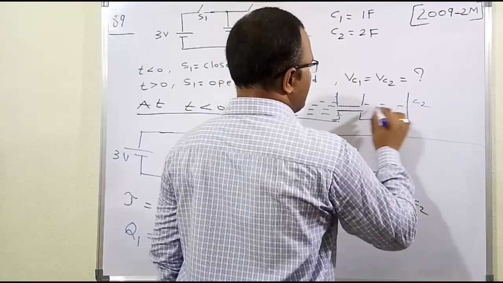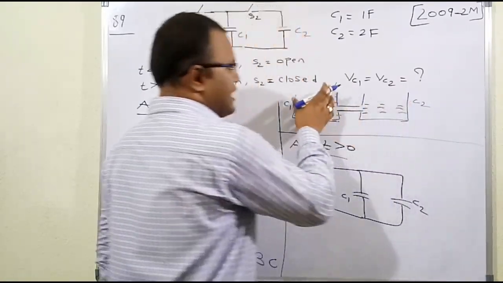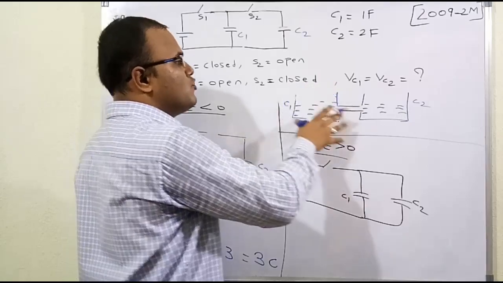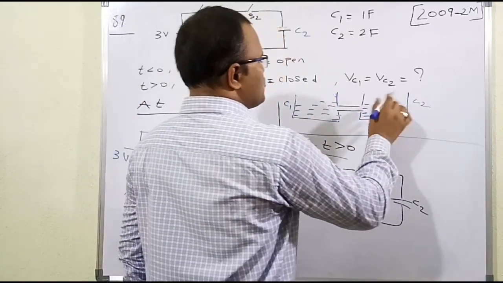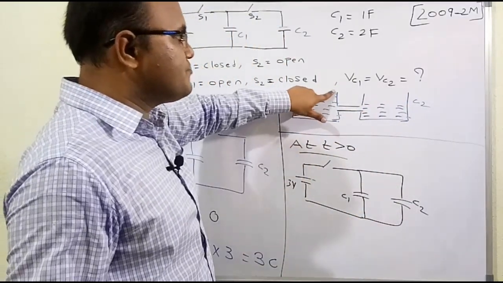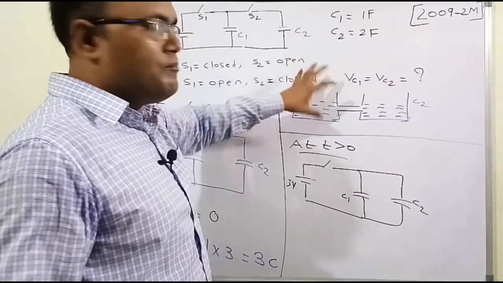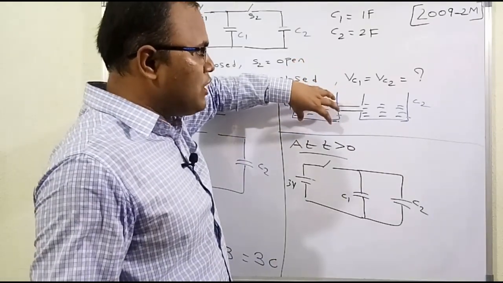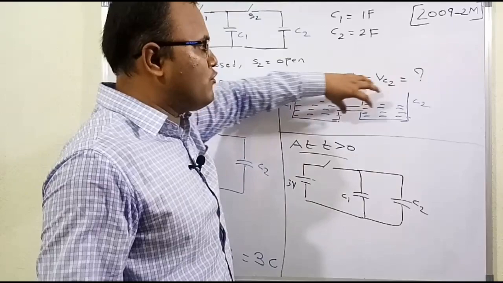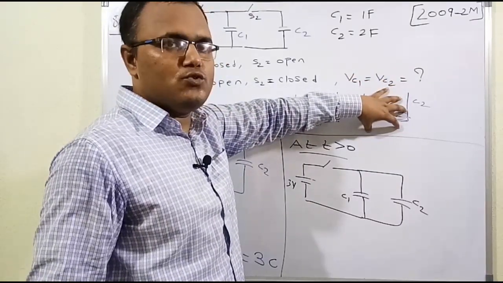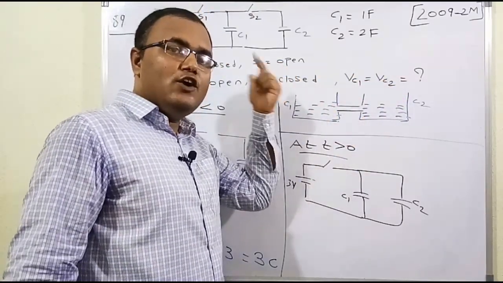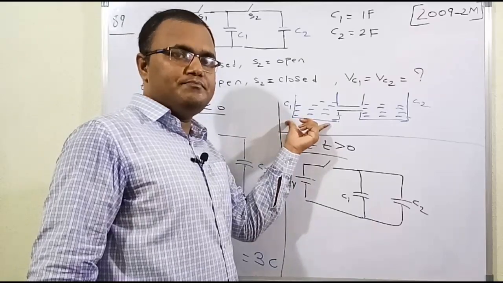Some amount of water in tank 1 will go to tank 2. So the volume of water in tank 1 and the volume of water in tank 2, the summation is equal to the original tank 1 volume.